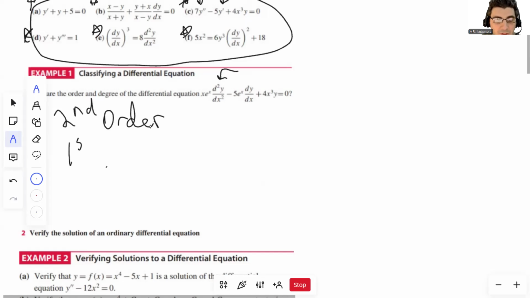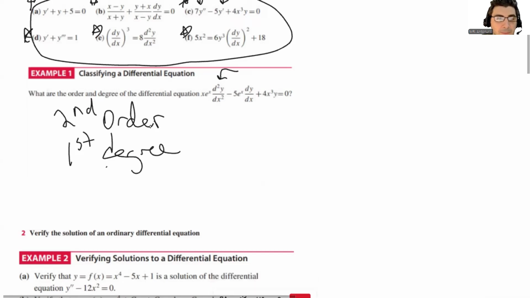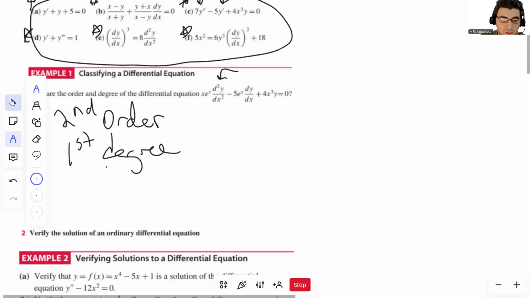And it would be first degree, because the exponent of the highest order derivative in the differential equation is called the degree.